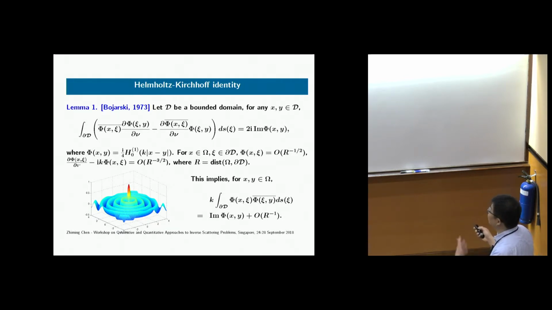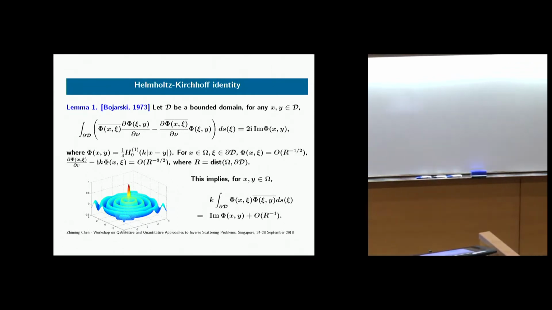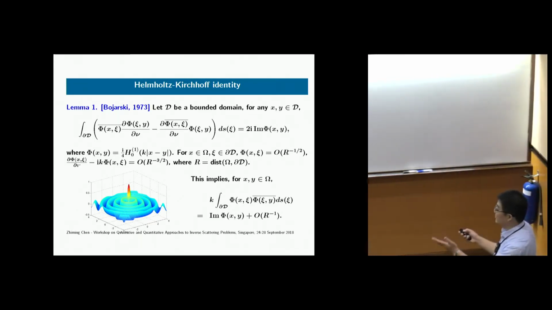Now, how do we apply this to become an algorithm? Suppose you want to find a source in the domain. You have the measurement of the scattered wave from the point source on the boundary, but you don't know the location x.